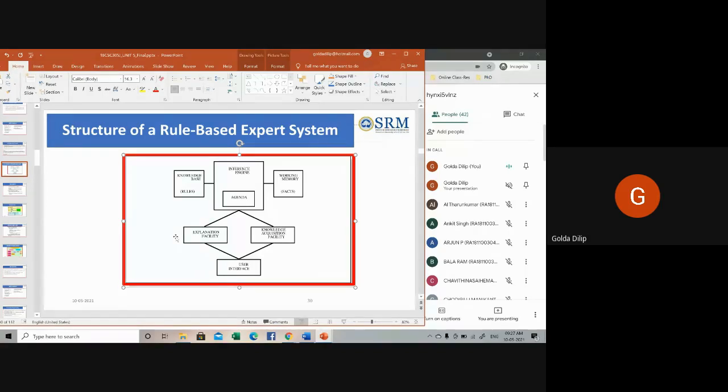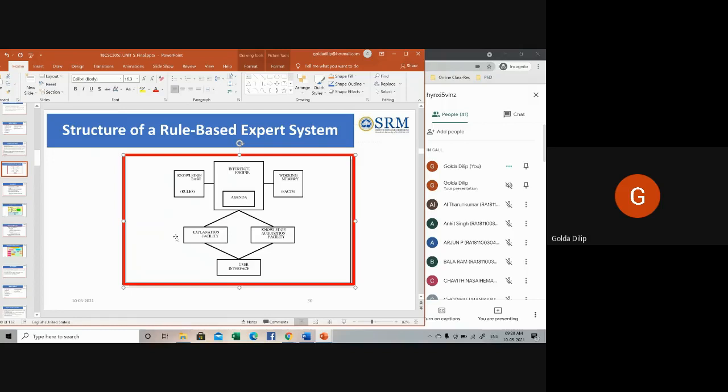The expert system must be able to explain its reasoning, justifying why it is giving that advice, analysis, or conclusion. A few minutes back I gave you an example: suppose the expert system suggests a particular course to a student. It should be able to explain why that course is good for that particular student.